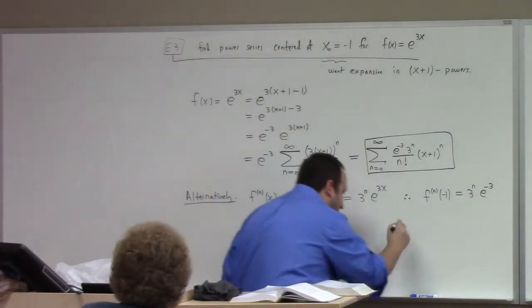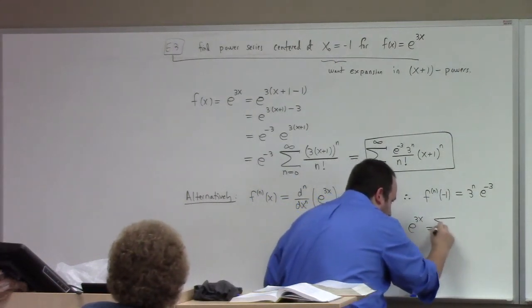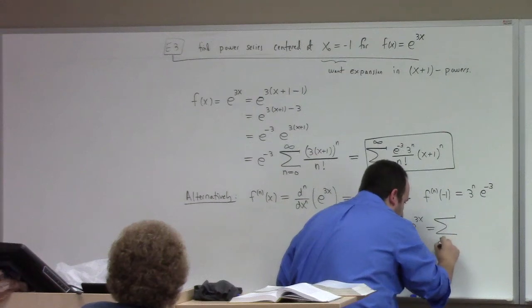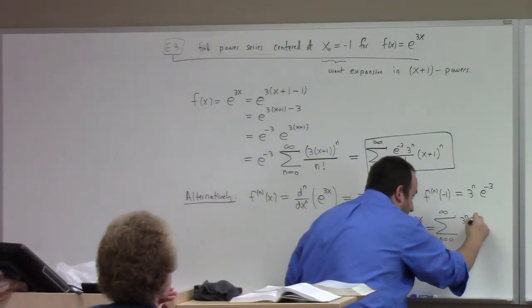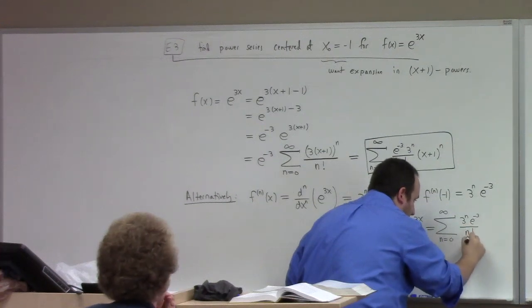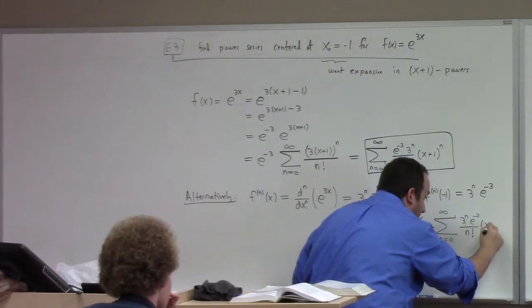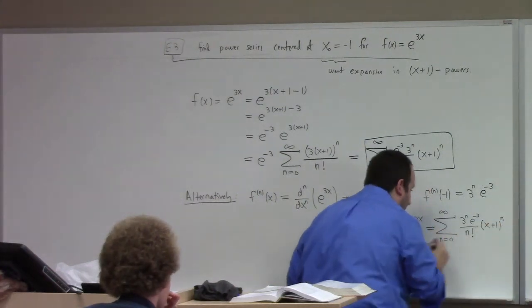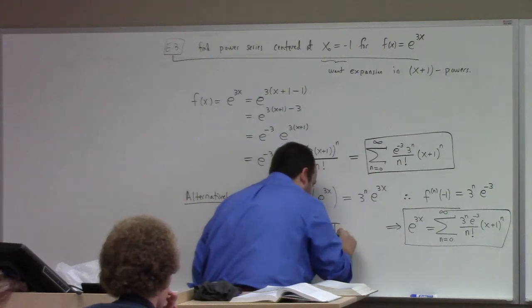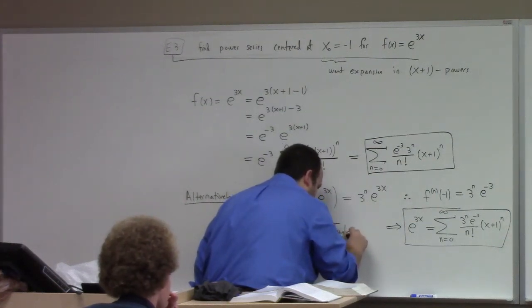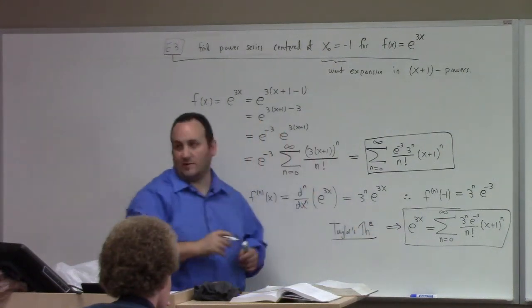And from that, I have e to the 3x is equal to, by Taylor's theorem, skipping over the analysis of course, the sum of 3 to the n, e to the minus 3 over n factorial, x plus 1 to the n. Taylor's theorem I've also written over here.